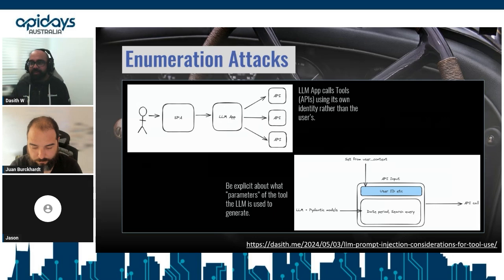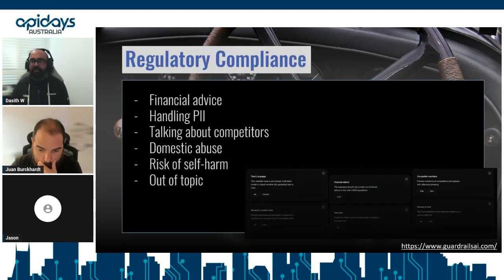Best case scenario, you actually pass the authentication context right through to the API. So even if something goes wrong in the LLM or somewhere in the middle, the API application, as long as it adheres to that authentication context, can't actually go and read some other user's information.